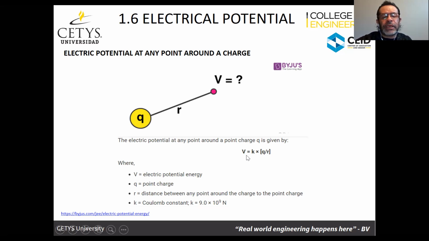The voltage is simply K, our electrical constant, multiplied by the charge divided by the distance: V equals K times Q over R, where V is the electrical potential or voltage, Q is the point charge, R is the distance to the point where we're analyzing the potential, and K is the electrical constant.